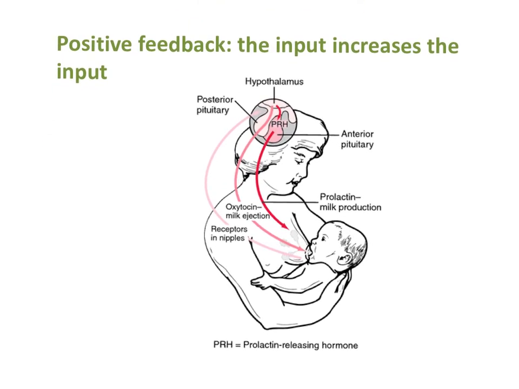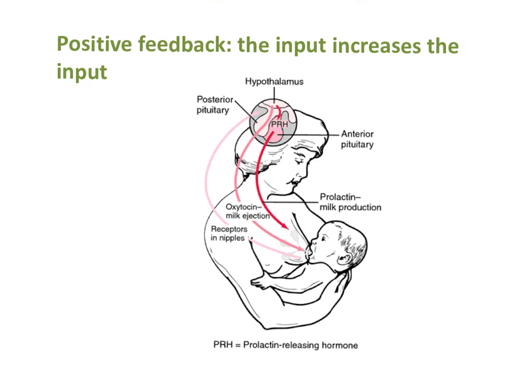Another example of this is breastfeeding. The more a woman breastfeeds, the more milk she produces, which will probably cause her to breastfeed more, which would produce more milk, and this is again a huge amplification.